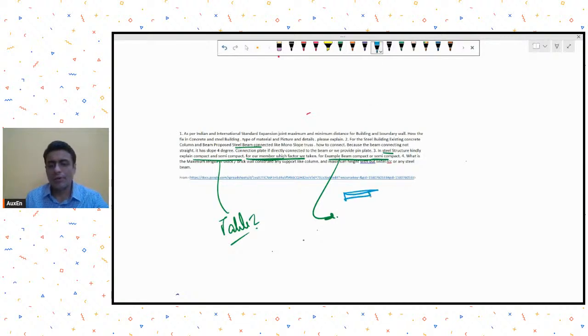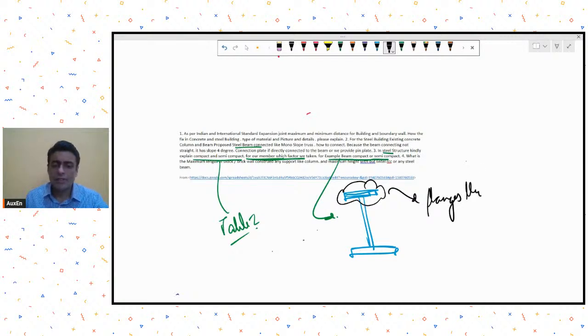The general strategy followed by people, mainly in the PEB industry, is that flanges they take semi-compact usually, and webs generally are slender.